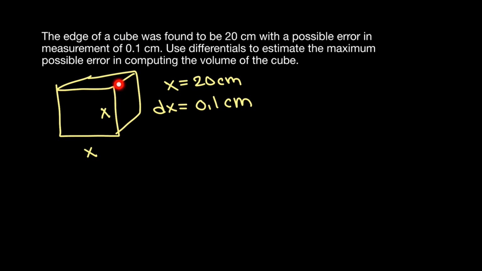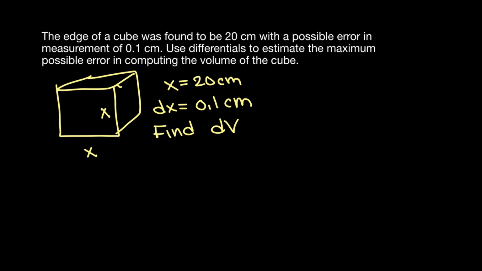I'm going to call the sides of this cube x. And the lengths of the sides, the x, is 20 centimeters. And my dx, the change in x, is what we're going to call that error in measurement. So our x values might be off by 0.1 centimeters. That's going to be our dx.